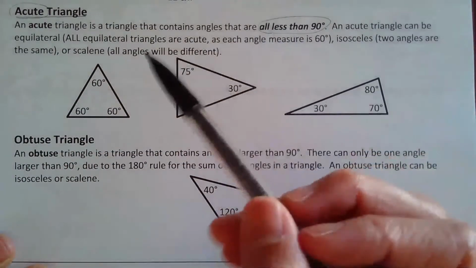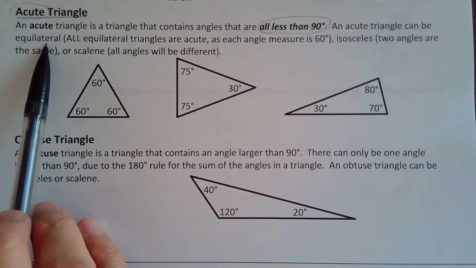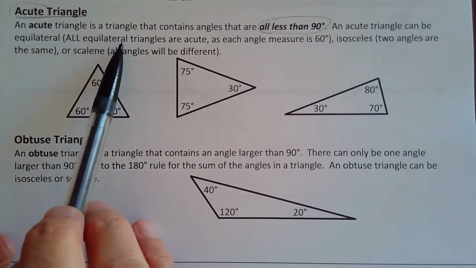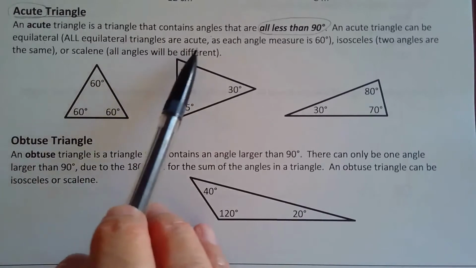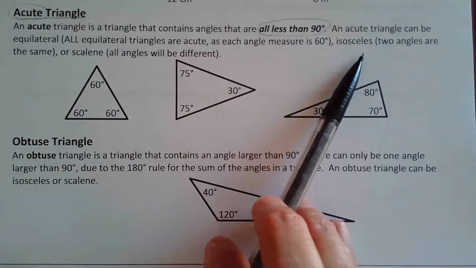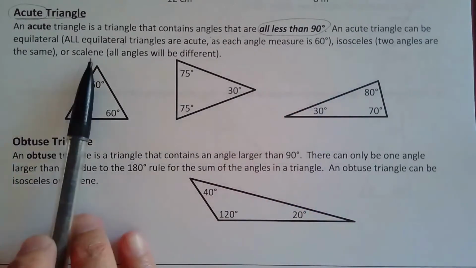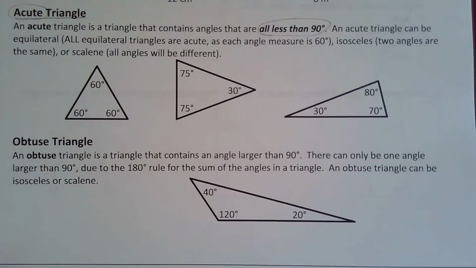An acute triangle can be equilateral. All equilateral triangles are acute because all of the angles are 60 degrees. It could also be isosceles, or it could be a scalene triangle.